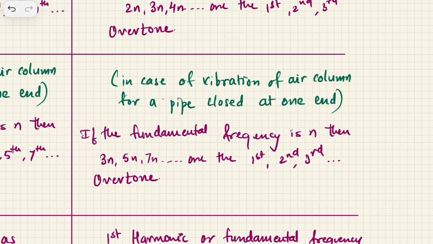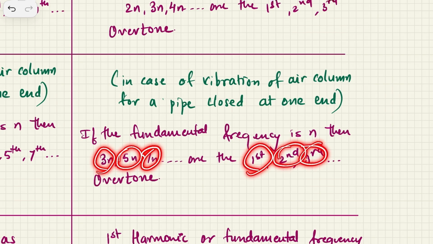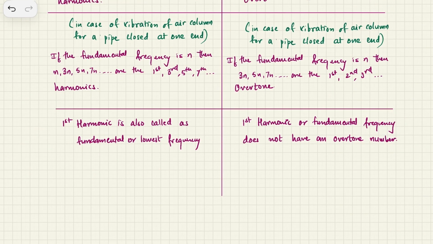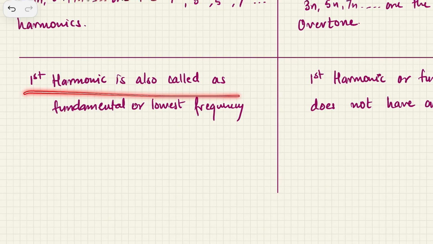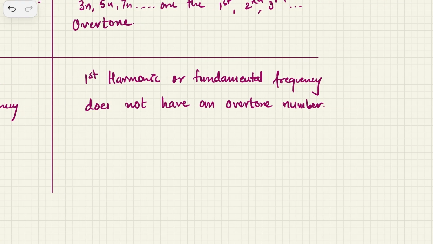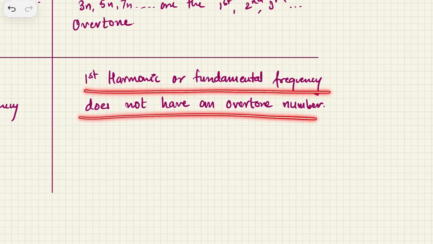Remember that n is present, but n is not getting an overtone number because it's the fundamental frequency. So 3n, 5n, 7n, which are actually present, are my first, second, and third overtones. Lastly, the first harmonic is also called the fundamental frequency or the lowest frequency, and it does not have an overtone number.